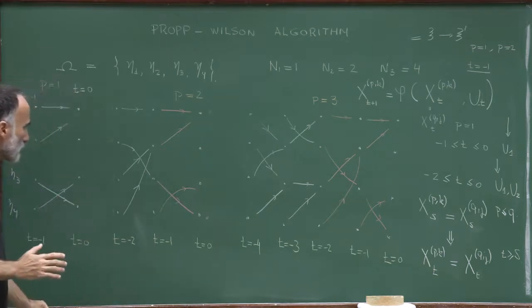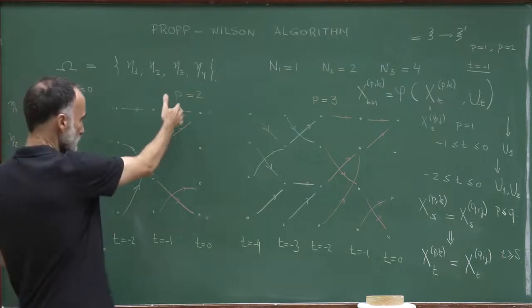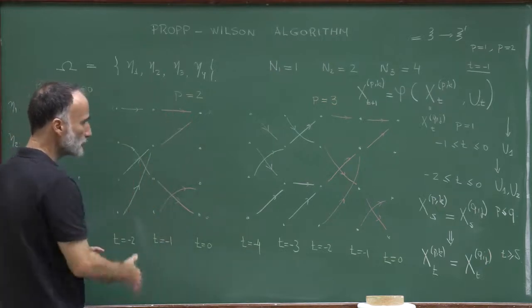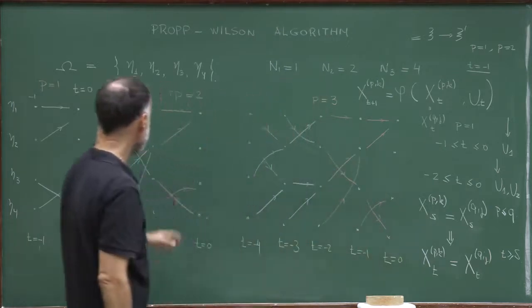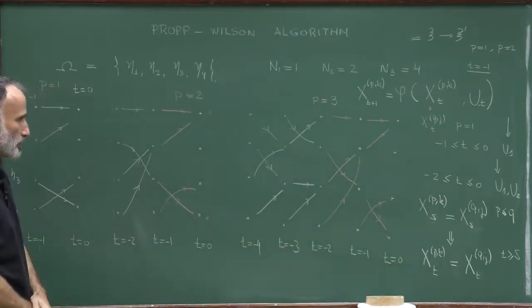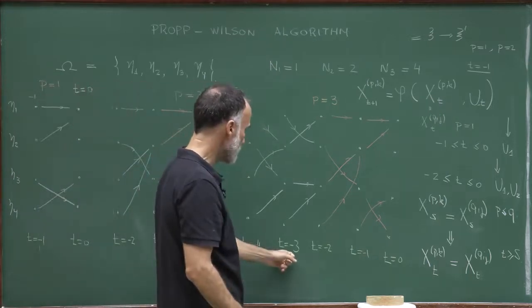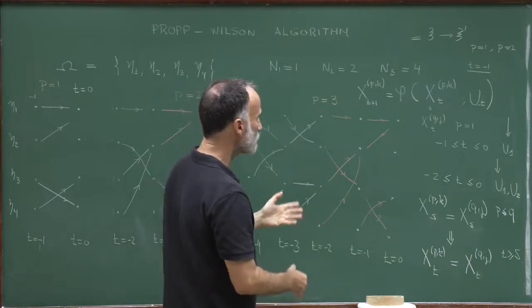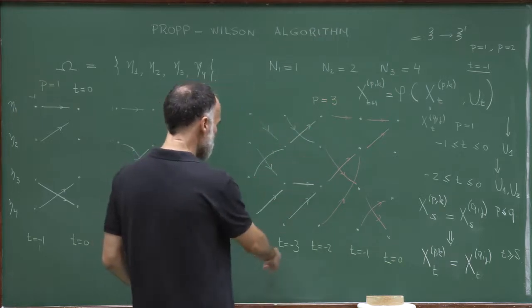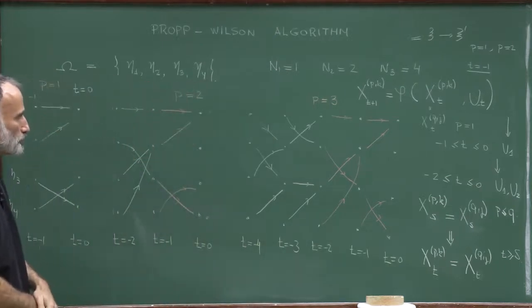But the important observation here is that the update will use, again, U1 and U2. And therefore, these arrows are exactly the same as the first arrows. And now I use eta 3 and U3 and U4 in order to compute the jumps of these chains from time minus 4 to minus 3 and from time minus 3 to minus 2.